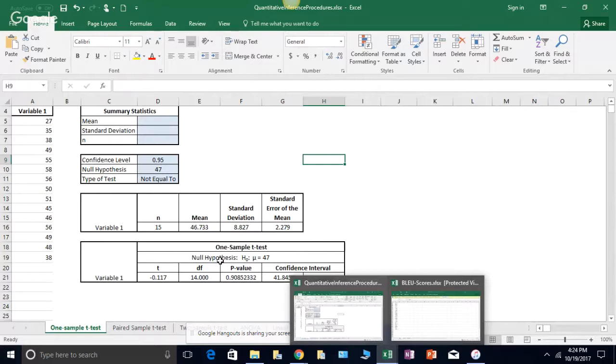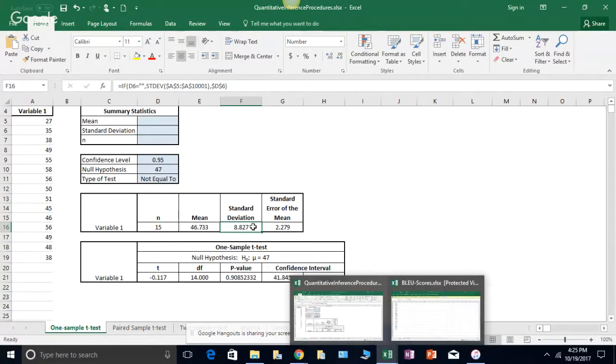The mean is right there, 46.7. You could do as low as 46.73 minus the 47, which is what we got, over 8.83 over the square root of 15, which comes out to a t of negative 0.118.